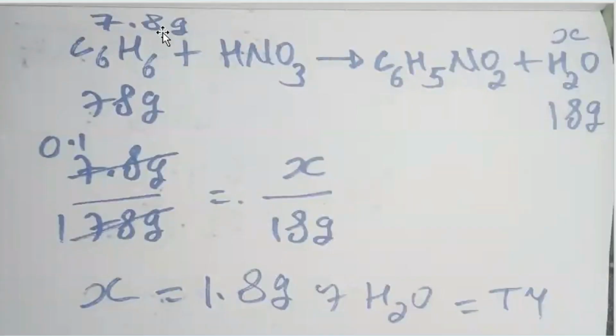From 7.8 grams of C6H6, you obtain X amount of water.